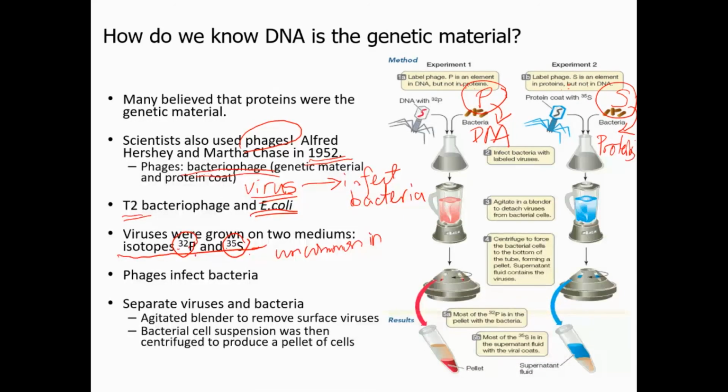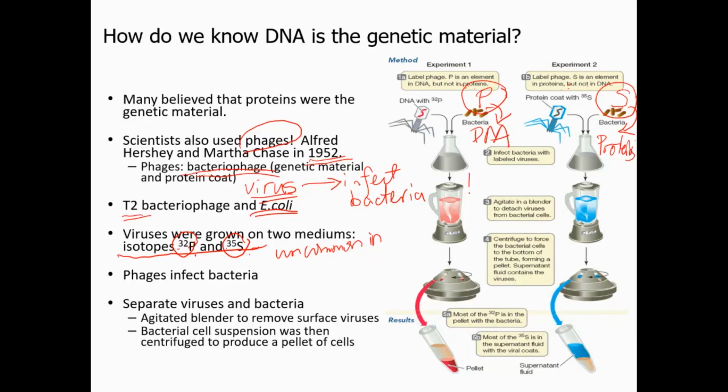Now, before the experiment, we already know that when the bacteriophage infects a bacteria cell, it is going to inject its genetic material into the bacteria. So we use the isotopes for phosphorus and sulfur, and then we see which one the bacteriophage will inject into the bacteria. We look for these isotopes in the bacteria.